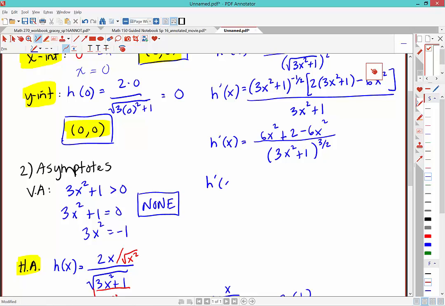So h prime of x will be 2 over 3x squared plus 1 to the 3 halves. So there's no critical numbers for that. So there's going to be no relative extrema.